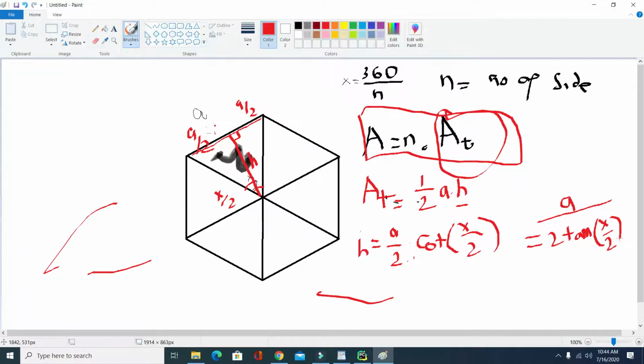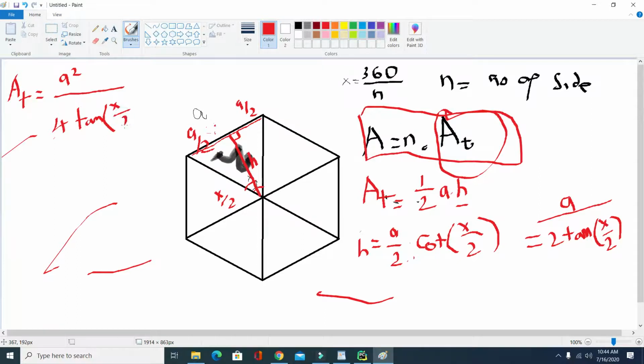So we have the formula. So now we can calculate AD, and by the way, we can calculate A. So AD should be 1/2 of A squared, so it's gonna be A squared over 4 times tan of X over 2, right?